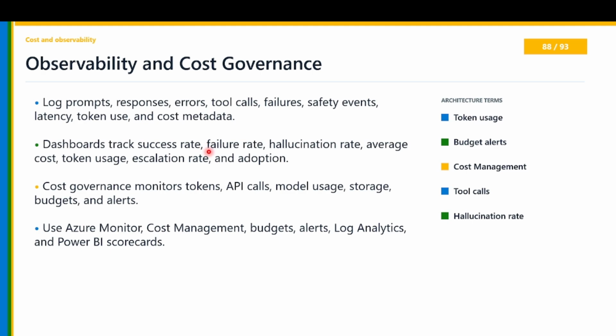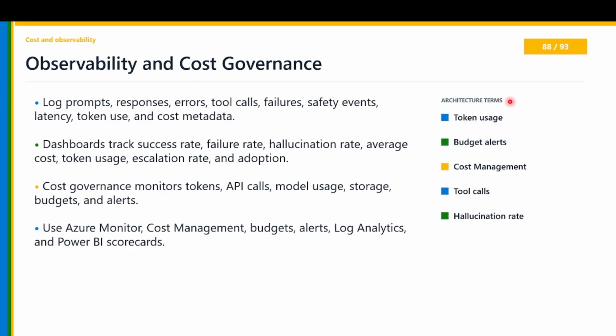Observability metrics are classified into three: the SLO, that's service level objective, SLI, service level indicator, and then error rate. So it's very, very important. We've been discussing this from the beginning of this domain 3 under monitoring and operation. So we want to look at it again: observability and cost governance.